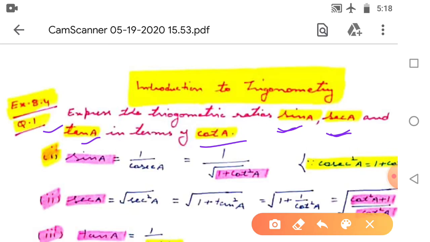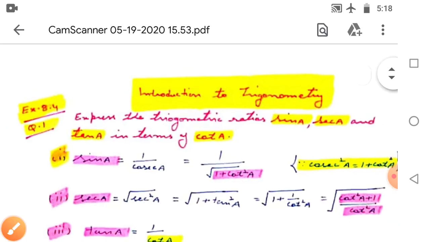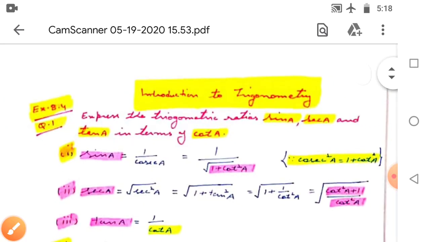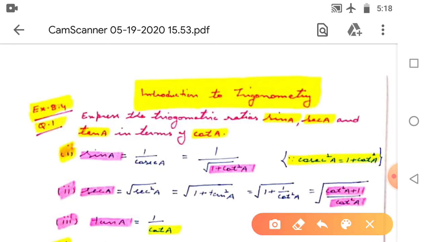Okay, as we know, sine theta is equal to 1 upon cosec theta. So here sine A is equal to 1 upon cosec A. But we know the identity that 1 plus cot square theta is equal to cosec square theta.